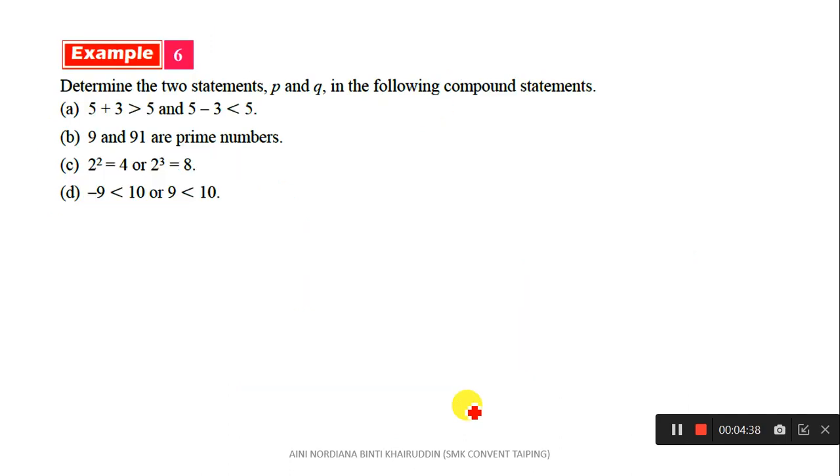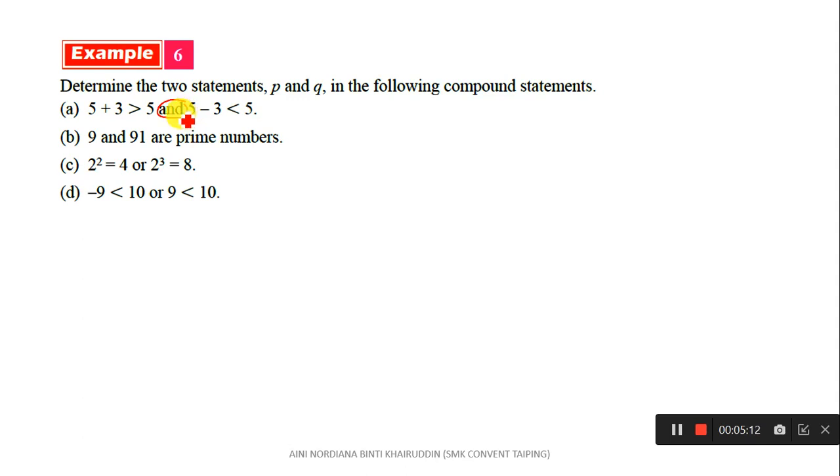Okay, next. Example 6. Determine the two statements P and Q in the following compound statements. This is a compound statement. Why do we say this is a compound statement? Because here is the word "and". When there is the word "and" or "or", this is a compound statement.